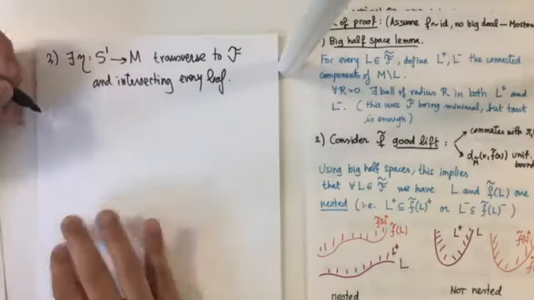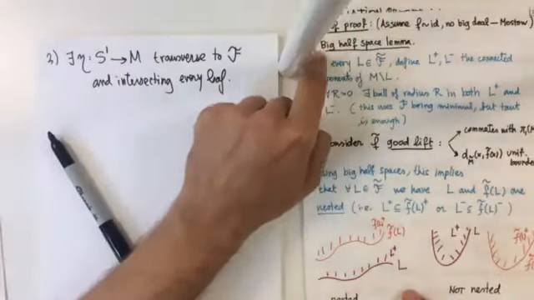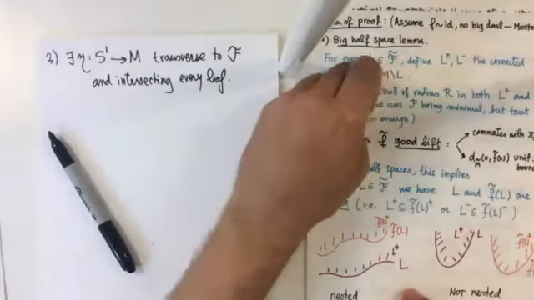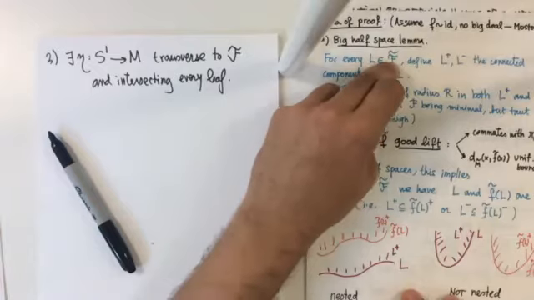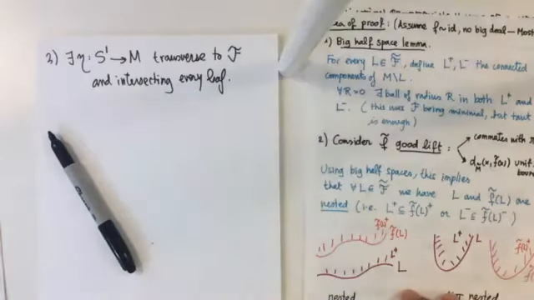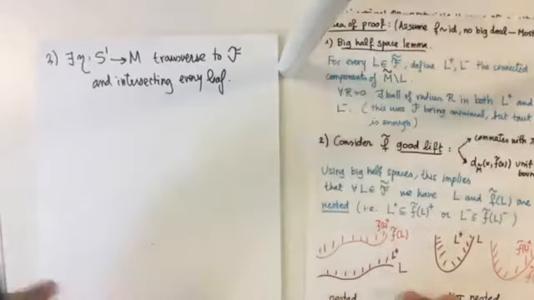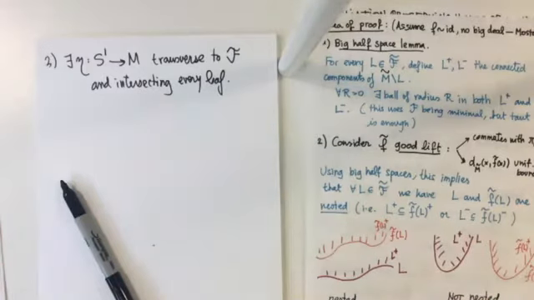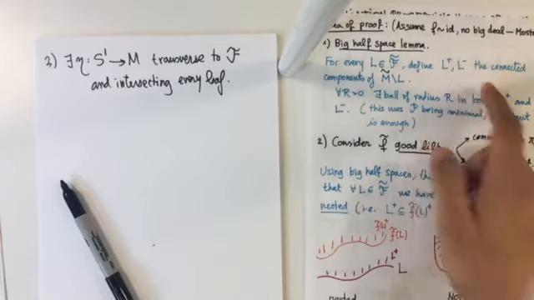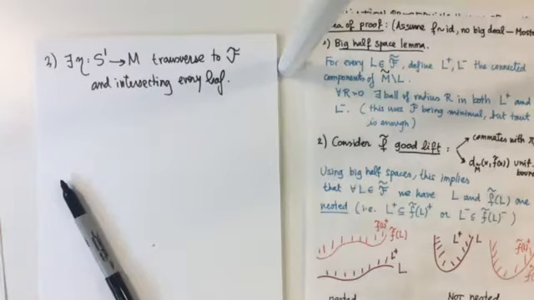Okay, so the first point here is that for every leaf in the universal cover, you know that the leaf separates the universal cover into two connected components, and they are oriented because we are in the universal cover. So we call them L plus and L minus. And the minimality assumption allows us to show that in every one of these half spaces, there are arbitrarily large balls inside. So the half spaces are not small.